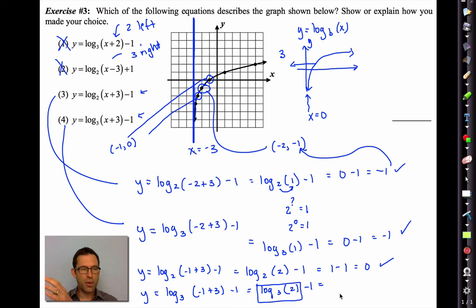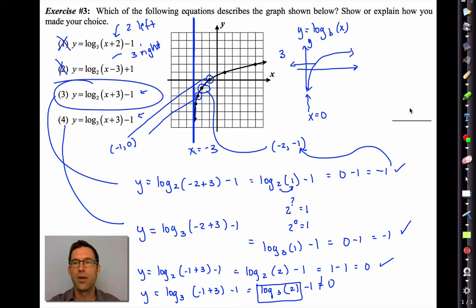Now, the problem with that is that I can't actually evaluate it. I don't know what 3 should be raised to get the number 2. But I know it's not 1, so this is not going to be equal to 0. And therefore, after a lot of work, I can say it's choice 3.